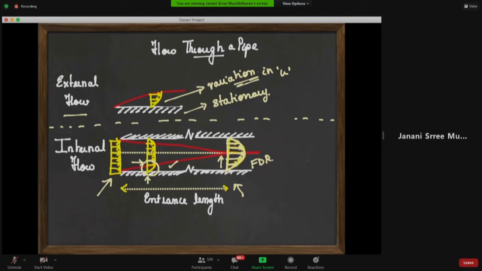Let me put out this question here for you. If I want to cause a lot of heat transfer, would you want to operate in the entrance length region, or would you want to operate in the fully developed region? Anybody?